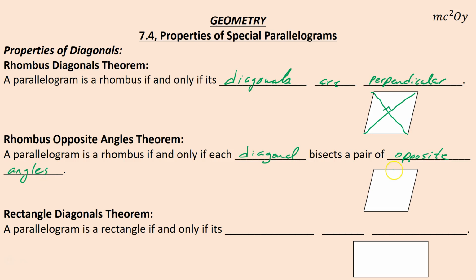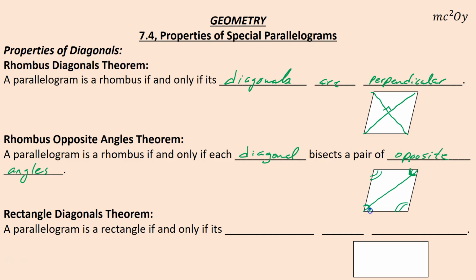Remember, in a rhombus, all sides are congruent, and we also know that opposite angles are congruent because it's a parallelogram. So when I start thinking of diagonals, I'm going to erase the congruent markings on the sides just for a minute. That diagonal right there bisects this angle, which means it cuts it in half.